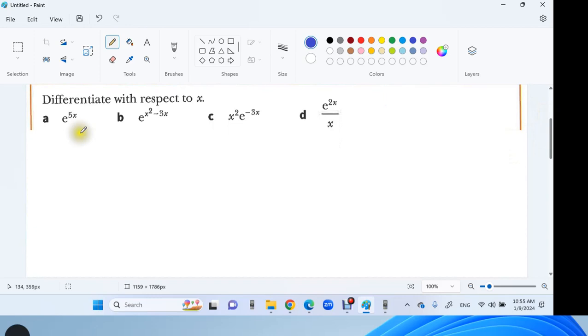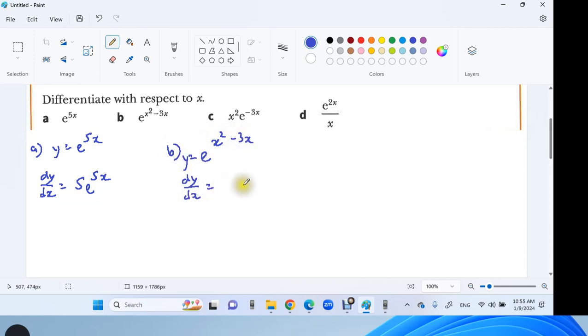For a, we have y equal to e to the power 5x. Then dy/dx is equal to 5e to the power 5x. For b, we have e to the power of x squared minus 3x. Then dy/dx is equal to 2x minus 3, times e to the power of x squared minus 3x.